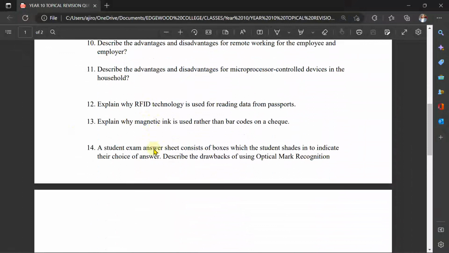Now for the final question: a student exam answer sheet consists of boxes which the student shades in to indicate their choice of answer. They said describe the drawbacks of using OMR, optical mark recognition. How to answer this?